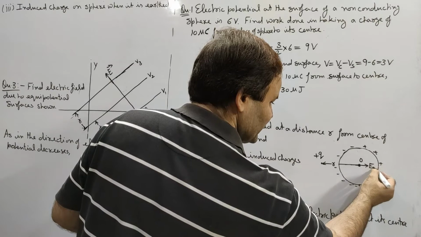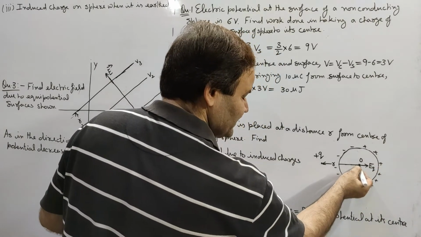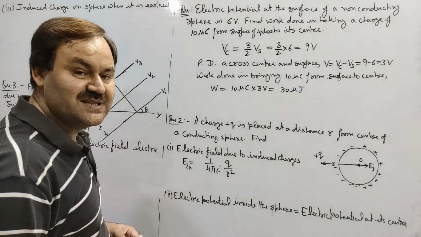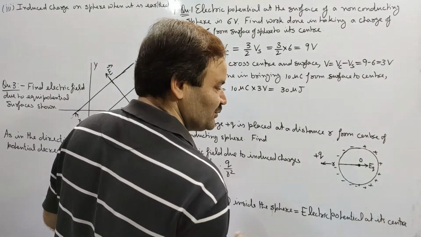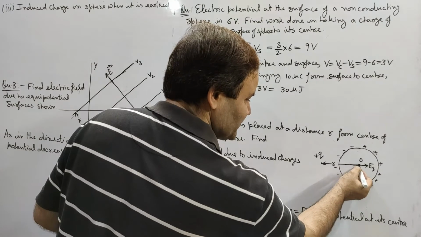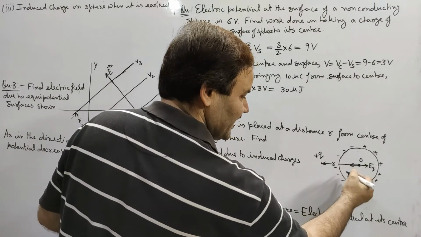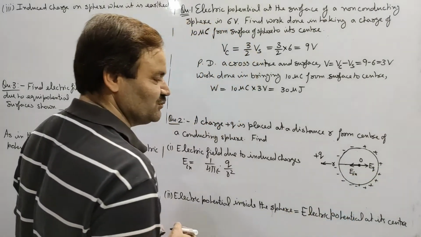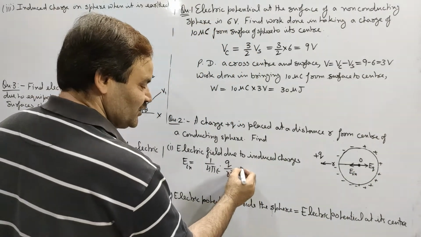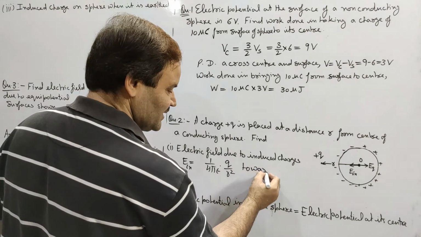If the net field within the sphere is to remain zero, then the electric field due to these induced charges must be equal and opposite to the electric field due to charge Q, but it will be directed towards plus Q.